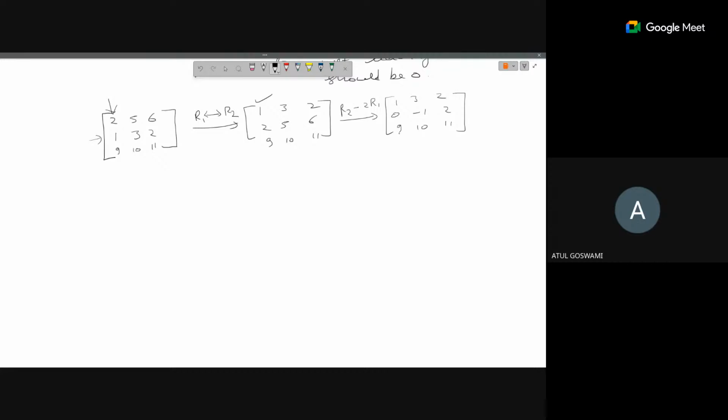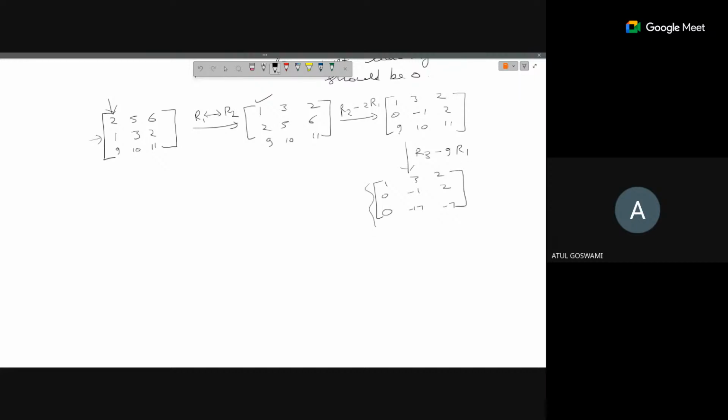Now this entry, the 9, also should be 0, right? For that, I'll take row 3 minus 9 times row 1. So what would happen in the third row? It would be 0, and 9 times 3 is 27, so 10 minus 27 is minus 17, and 9 times 2 is 18, so 11 minus 18 is minus 7. So 0, minus 17, minus 7.